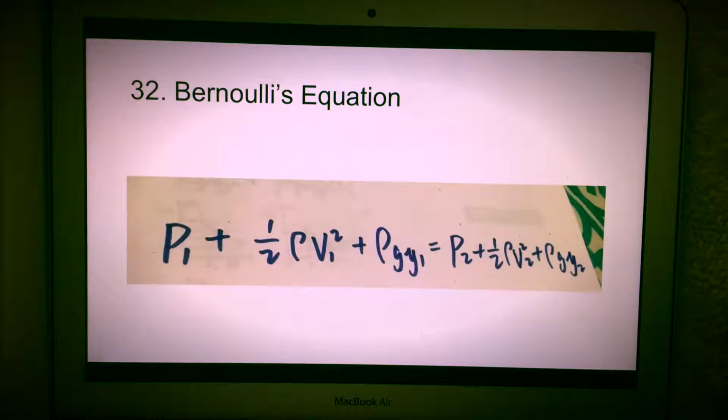This formula sometimes we don't need to use, but we need to know about it. P1 plus 1/2 rho v squared plus rho g y1 equals P2 plus 1/2 rho v squared plus rho g y2.